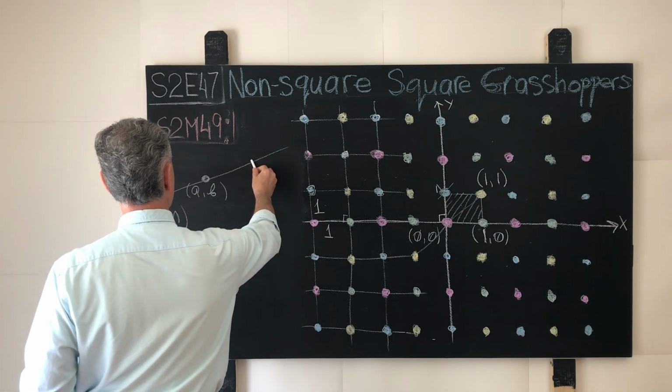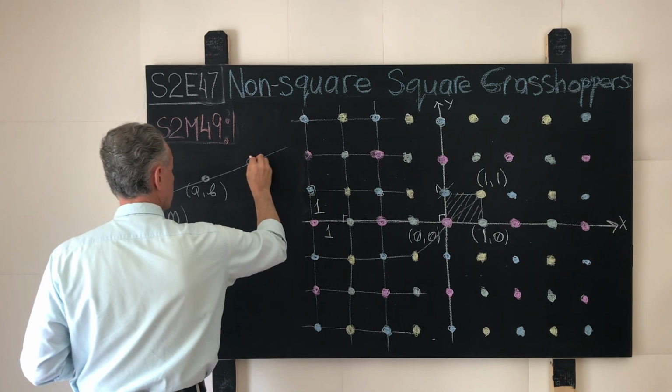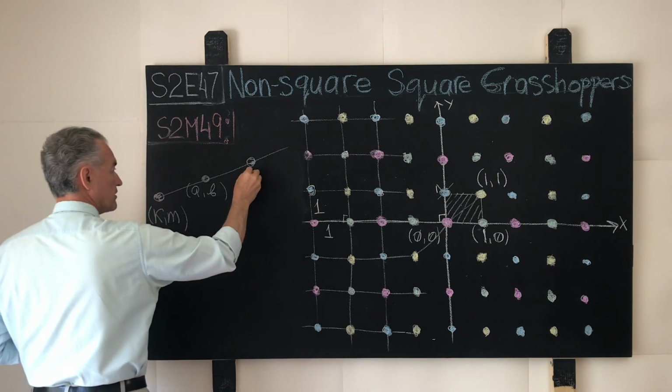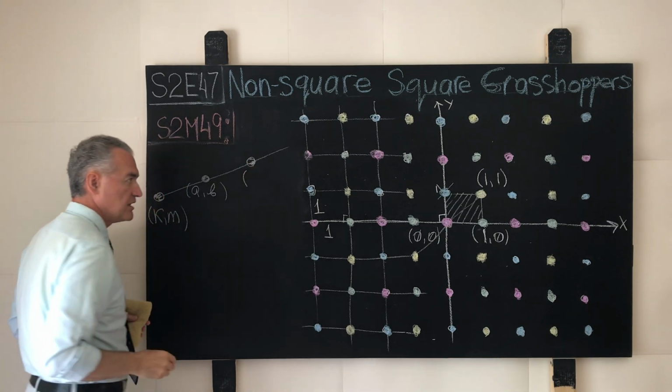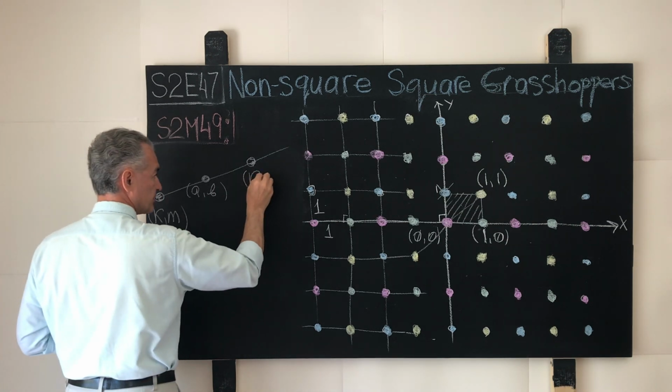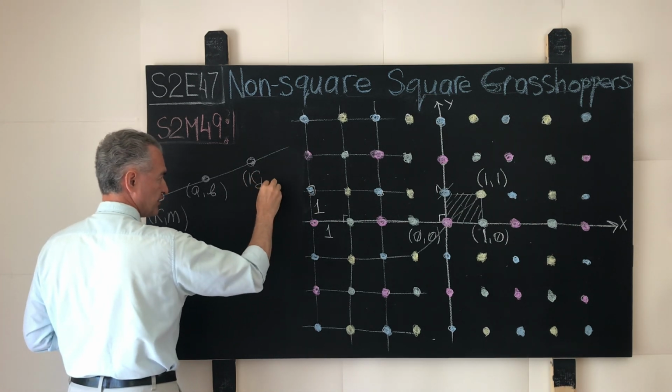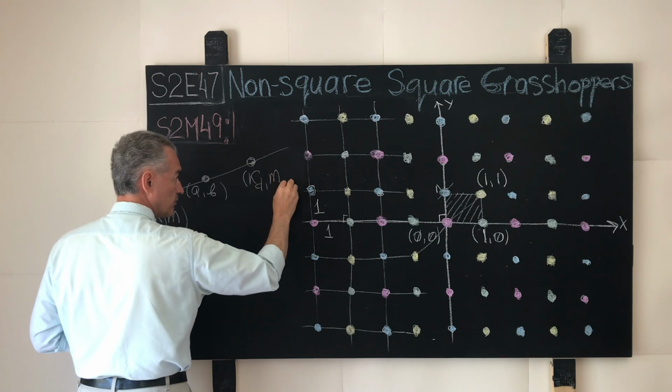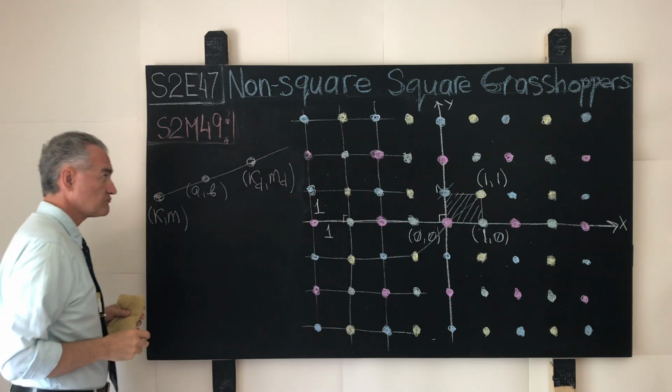It will jump roughly, let's say, this way, so somewhere over here, and that point will be a node of our lattice with the coordinates kd for destination and md for destination.